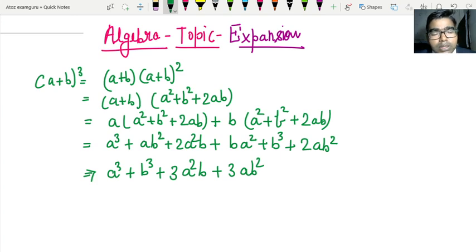And I hope that this is clear to you. Again, this is a cube, this is b cube, and the terms ab square and ab square become thrice ab square, and 2a square b and a square b become thrice a square b.